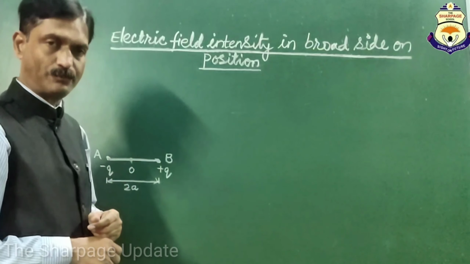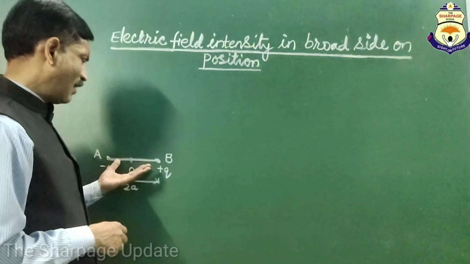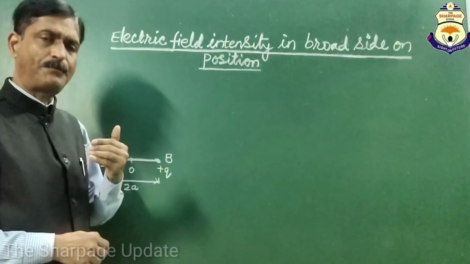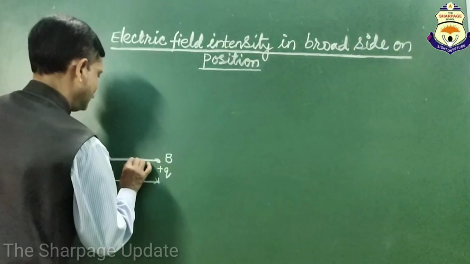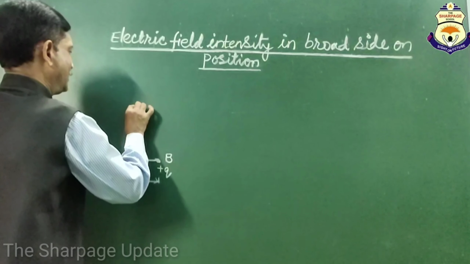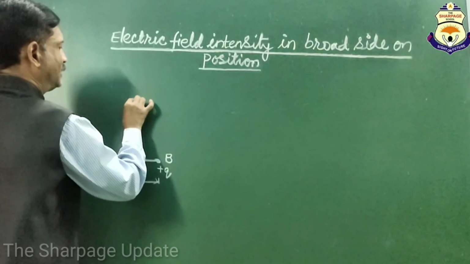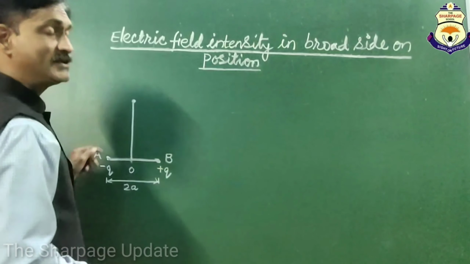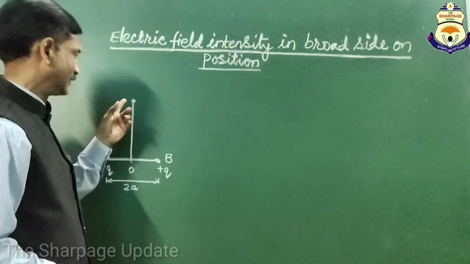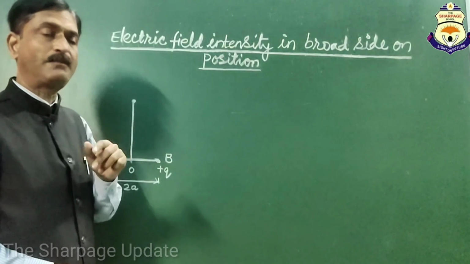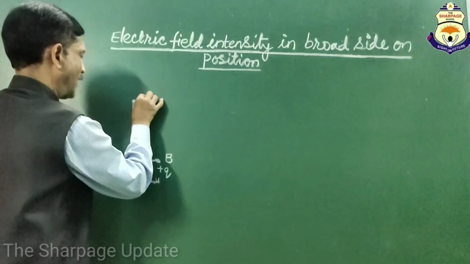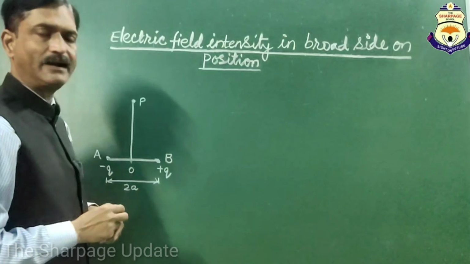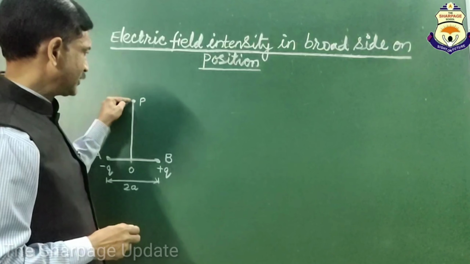Now we have to draw a perpendicular bisector of the axis of the electric dipole. Let this be the perpendicular bisector, and on this perpendicular bisector let there be a point P.